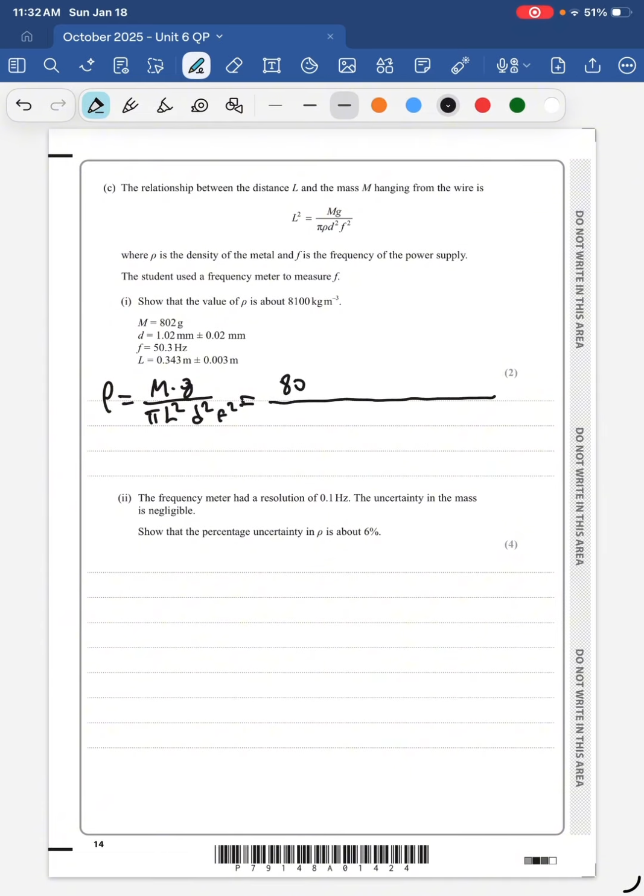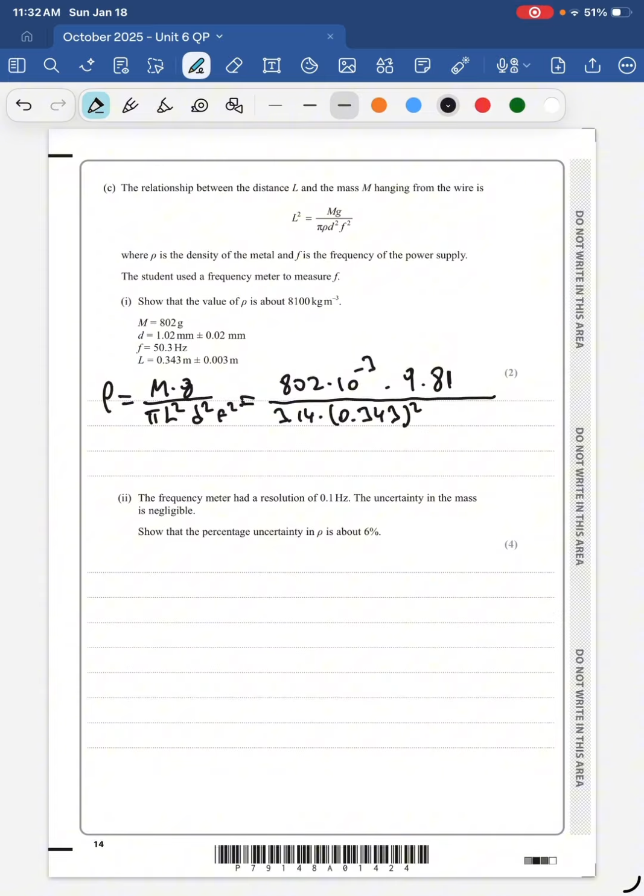So we have 802 grams, so we have to convert to kilograms by multiplying by 10 to the minus 3. G is 9.81 like always. Pi is 3.14. L squared is 0.343 squared.